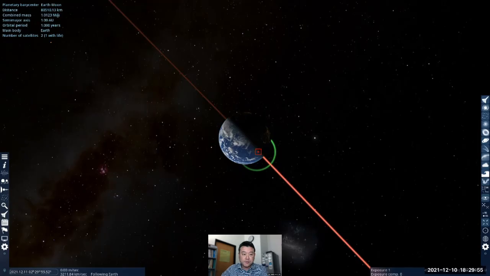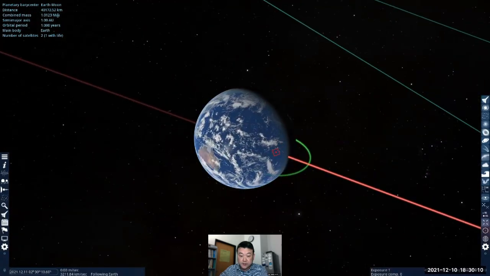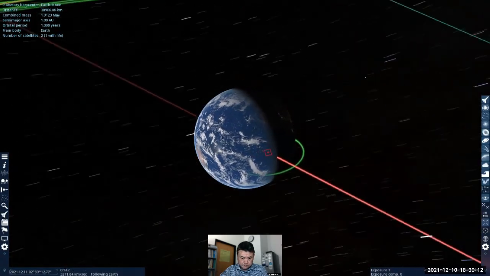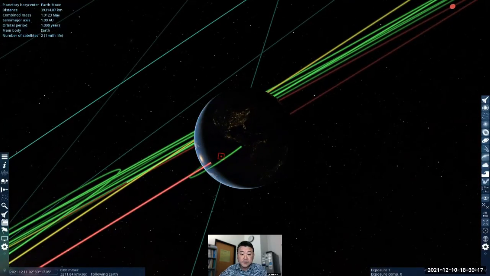This is what the program is calling planetary barycenter, or center of mass. This point is the center of mass of Earth and Moon. Earth is massive enough that this center of mass of the Earth-Moon system lies inside the Earth. You can see as I change my observation point around, it's just inside the Earth.